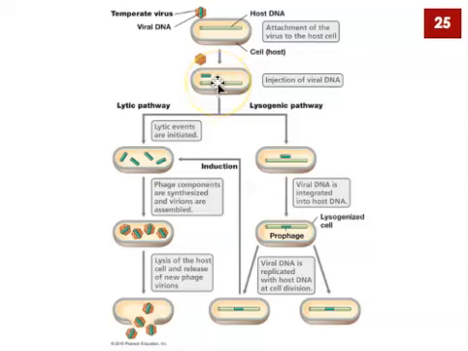Now, if this is a lytic bacteriophage, what's going to happen next is this pathway over to the left. The injection of the bacteriophage's genetic material actually causes the bacterial cell's genome to fragment. Now that sounds terrible, but it doesn't kill the cell. It just means that that circular chromosome gets broken up into pieces.